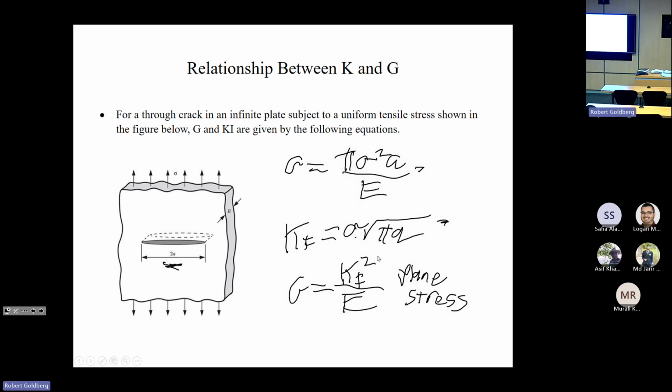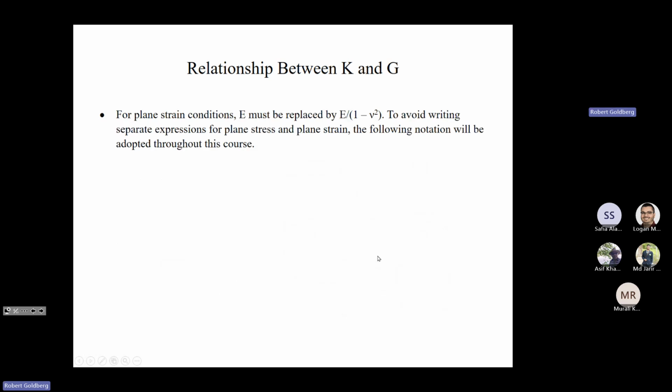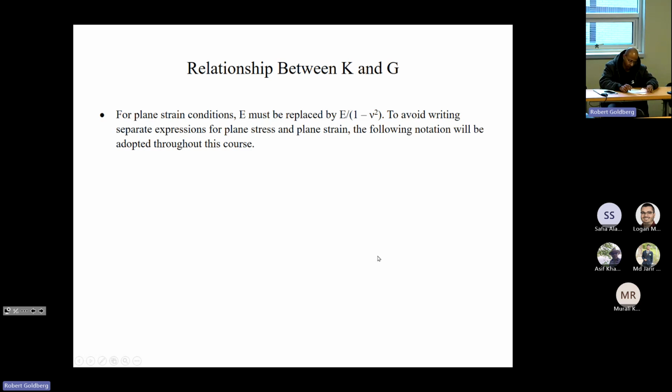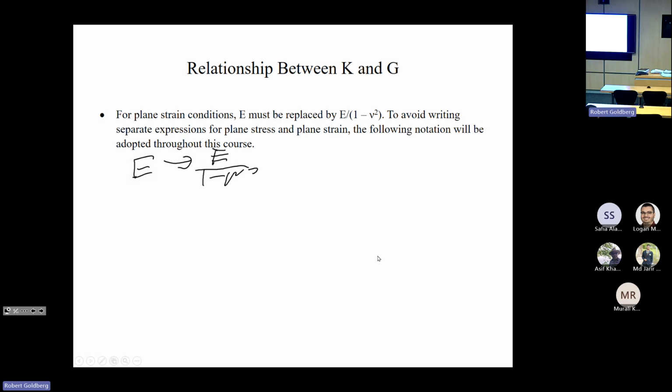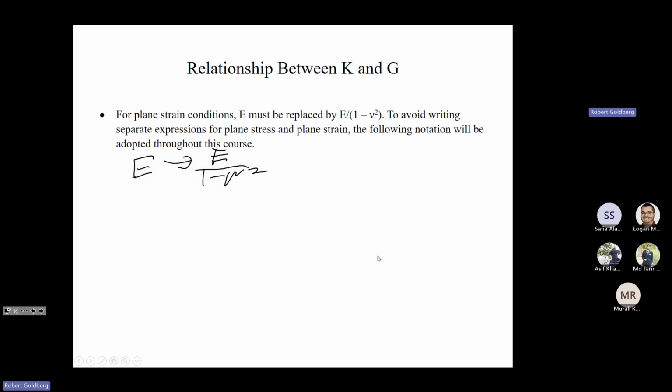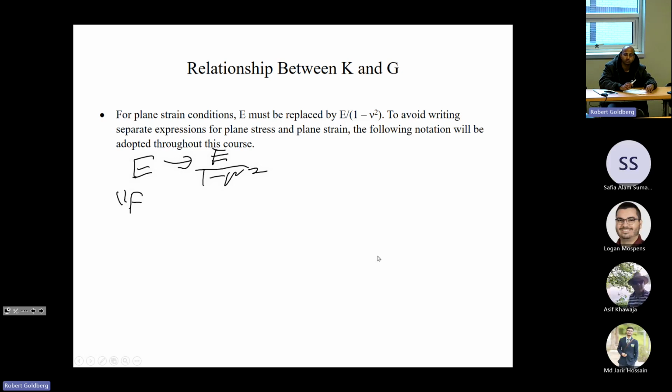If we look at the case of plane strain, we have to replace E in these expressions with the modulus over 1 minus nu squared. So in general, when we talk about the modulus, we're going to refer to it as this parameter E prime. And it's just so we don't always have to rewrite everything.